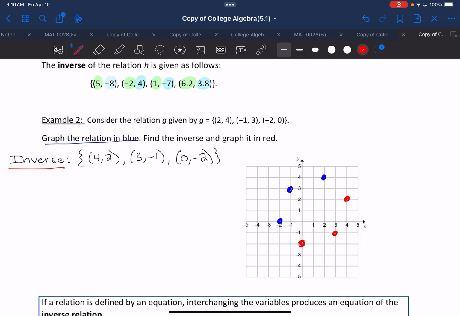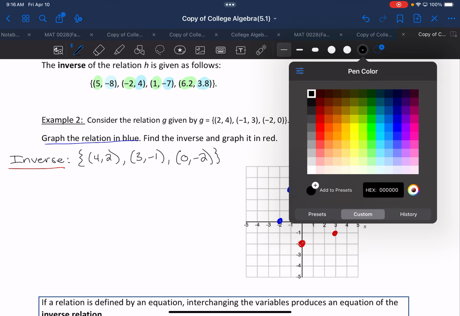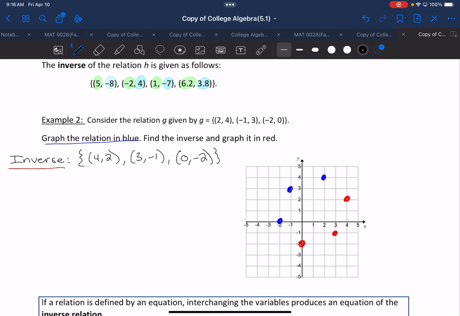So if you look at this graph, these two sets of ordered pairs are kind of like mirror images of each other. And that's true. That'll always be the case for two inverse relations. It'll be like a reflection over this diagonal line that goes through the origin, which is given by the equation y equals x.